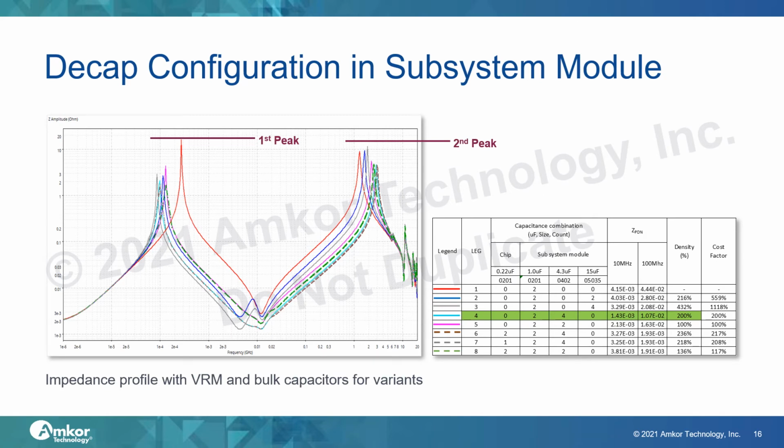This plot shows the impedance profile with VRM and bulk capacitor for all variants. Although the 0503-5 15 microfarad capacitor is the largest capacitance, leg number 4 to number 8 show a lower second impedance peak at high frequencies than the 0503-5 on leg number 2 and number 3.